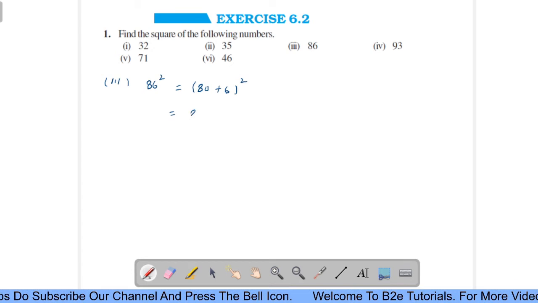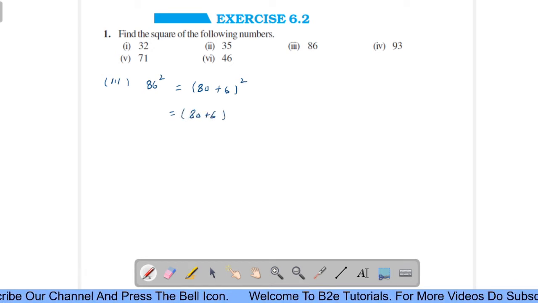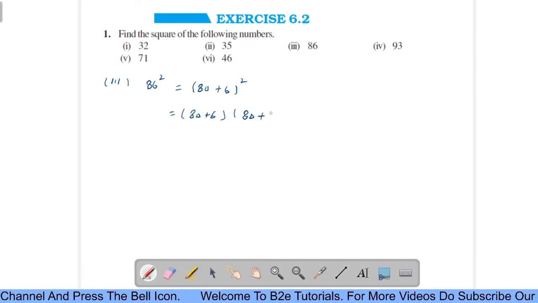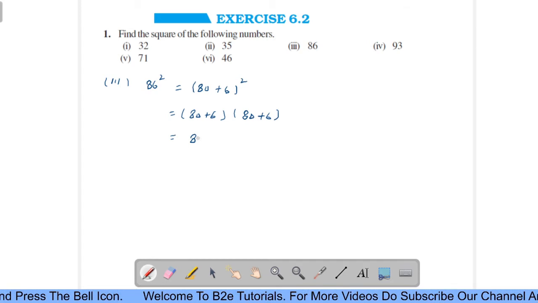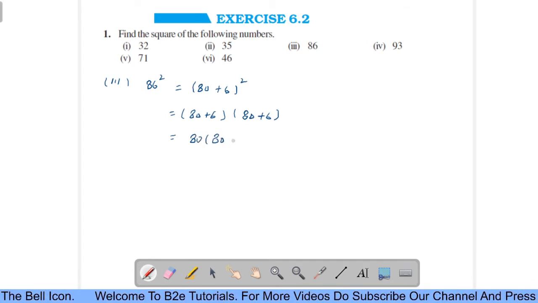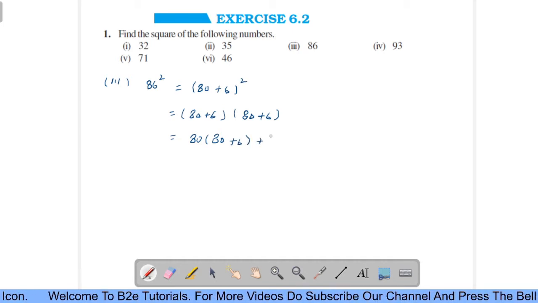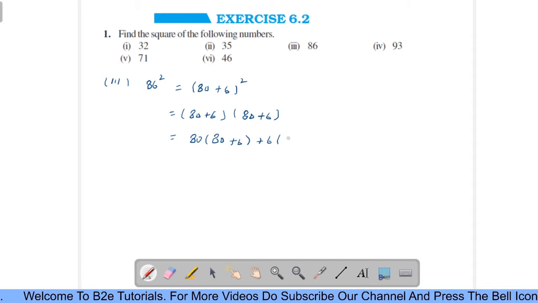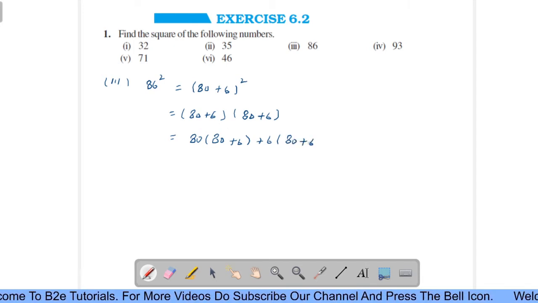Write it 2 times, 80 plus 6. Now open the bracket. It is multiplied by the second bracket, that is 80 plus 6, plus 6. Again it is multiplied by the second bracket, that is 80 plus 6.